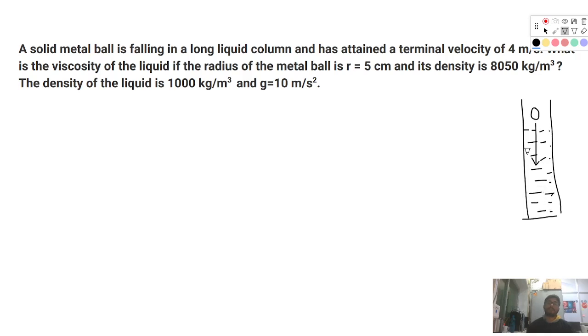Now what forces will act? First of all, it is a vertical motion, so you have a force due to mg, the gravity. Second thing is there is a buoyancy force.